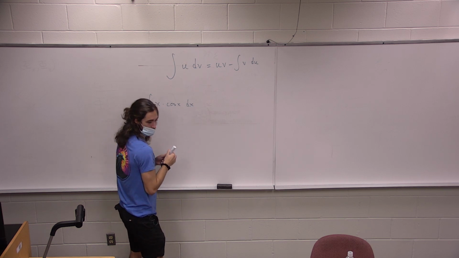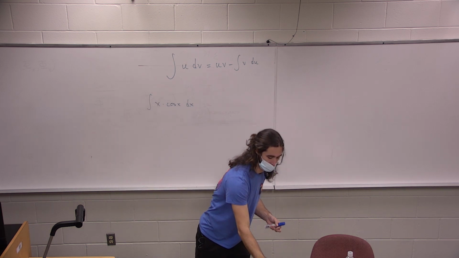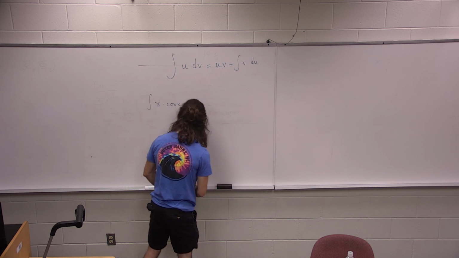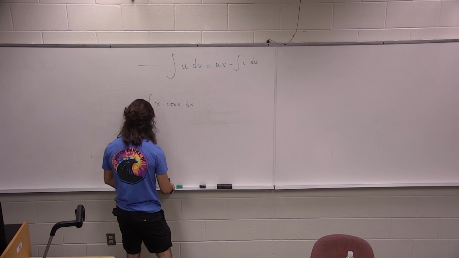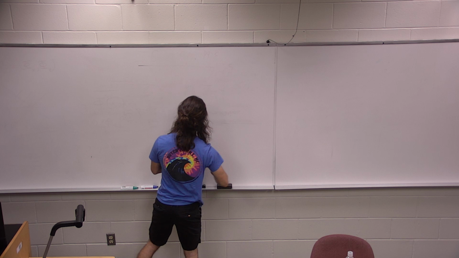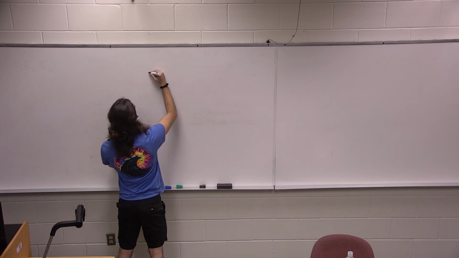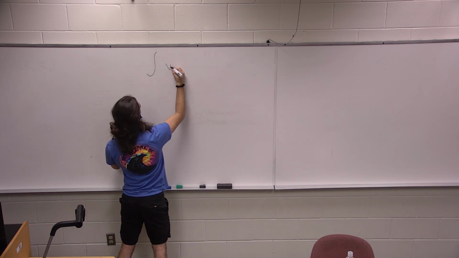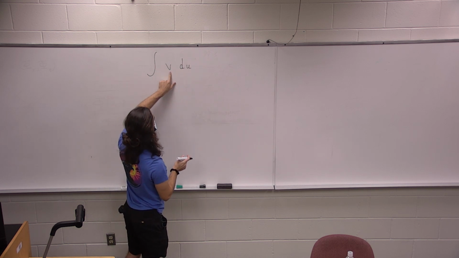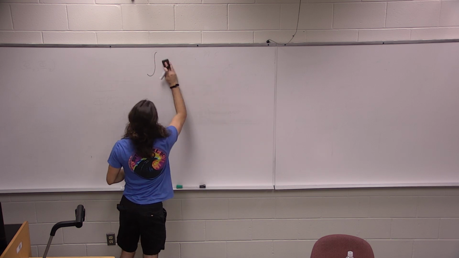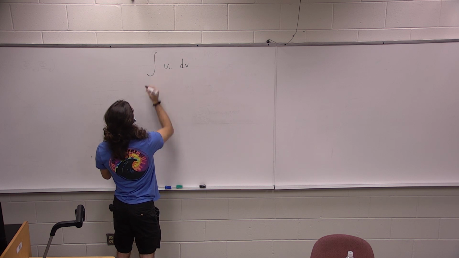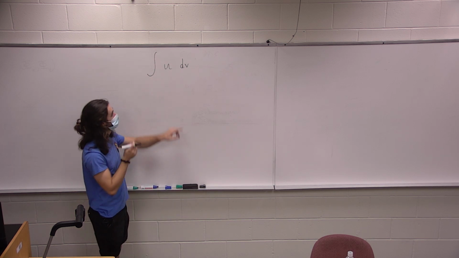Right. So this is going to be a good, you know what, actually, I'm going to be real colorful with this. Let's do it right here. Okay, so the integration by parts formula says that if you have a product of two functions, you're trying to take the integral of the product of two functions.